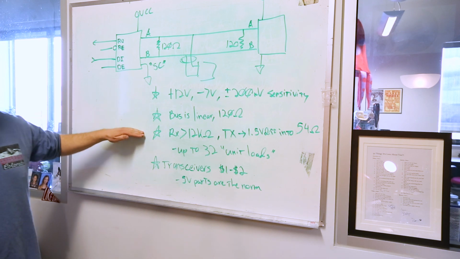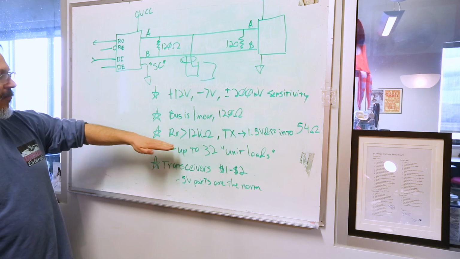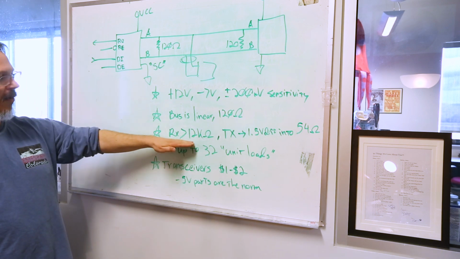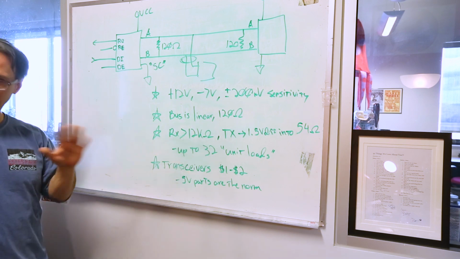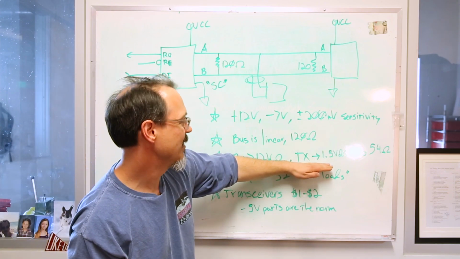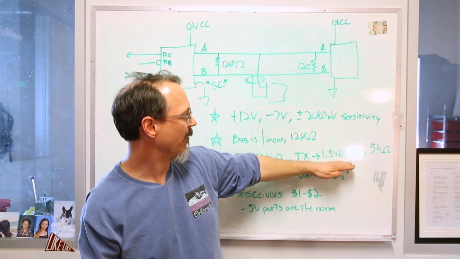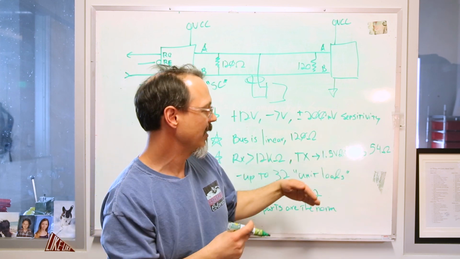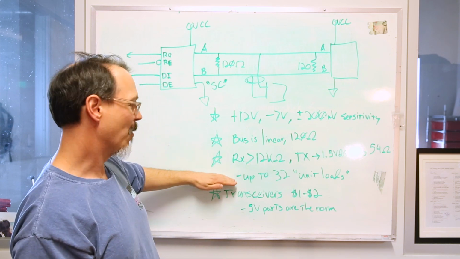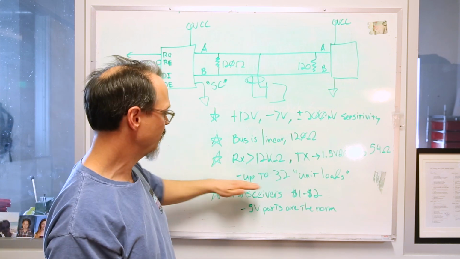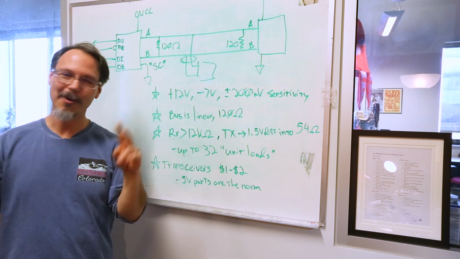Let's see. Receivers, and I'll kind of wrap this up with transceivers at the end. The receiver function has to have greater than 12K of resistance, all right? Take that for a second. A transmitter has to be able to deliver 1.5 volts differential into 54 ohms. Now, also, the spec says you can have up to 32 unit loads.